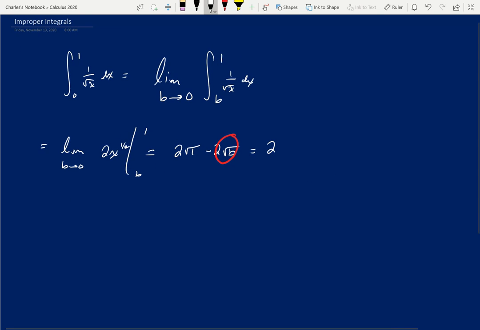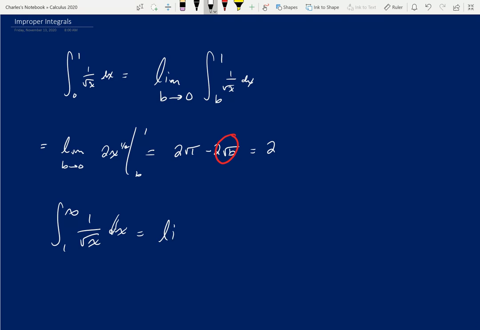And if I did the other side of it, the integral from 1 to infinity of 1 over the square root of x dx, again, I need a dummy variable. This time b is going to infinity.